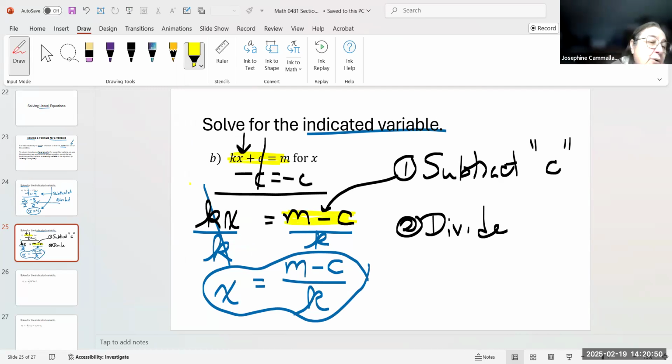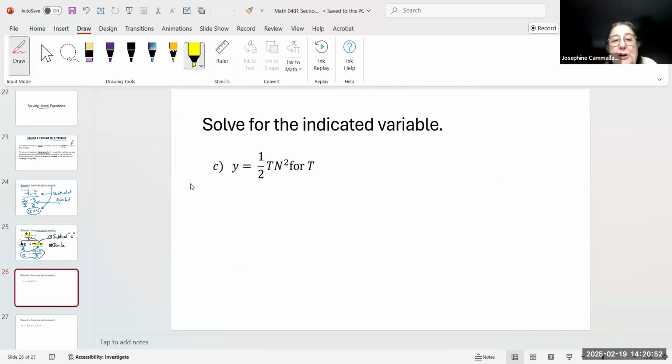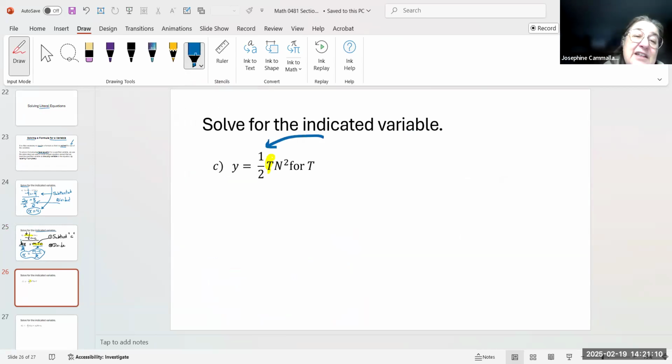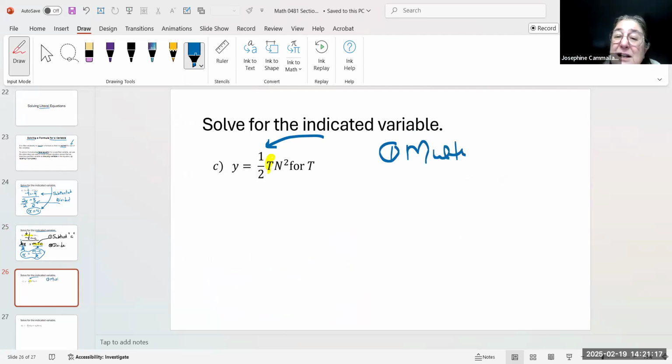Now, we're going to have a little more interesting one. Okay, we want to get t. We are going to do this in pieces so that you understand. The first thing we're going to do is get rid of that fraction, which means we're going to multiply both sides by 2.